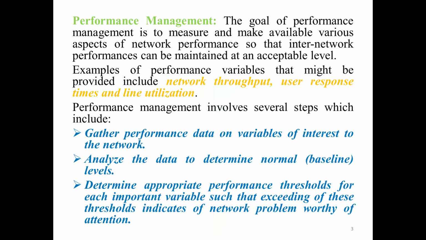Performance management involves several steps, which include gathering performance data on variables of interest to the network, analyzing the data to determine normal or baseline levels, and determining appropriate performance thresholds for each important variable, such that exceeding these thresholds indicates a network problem worthy of attention.